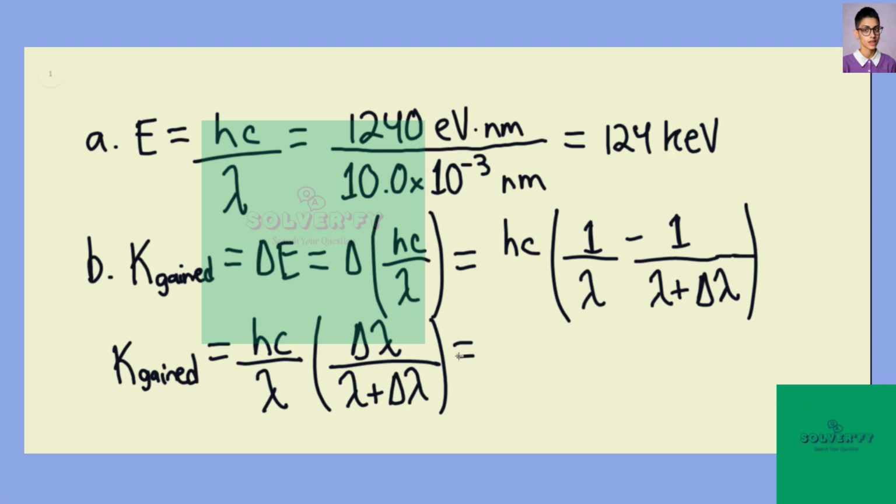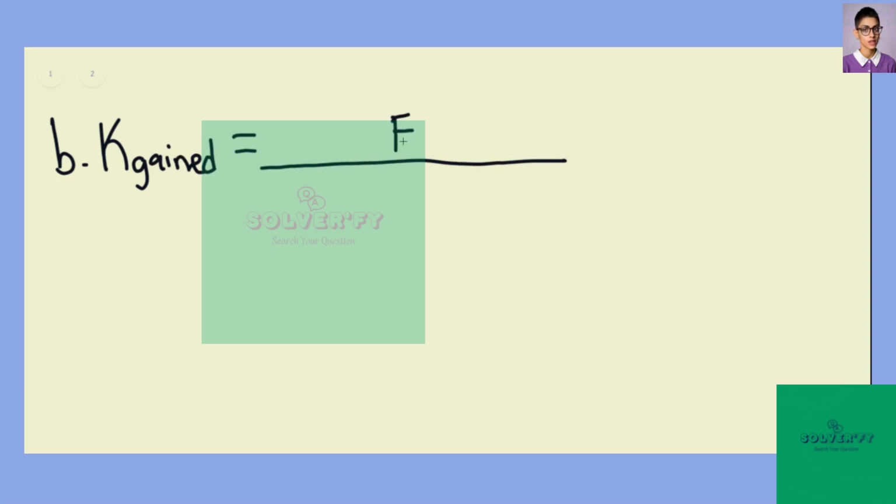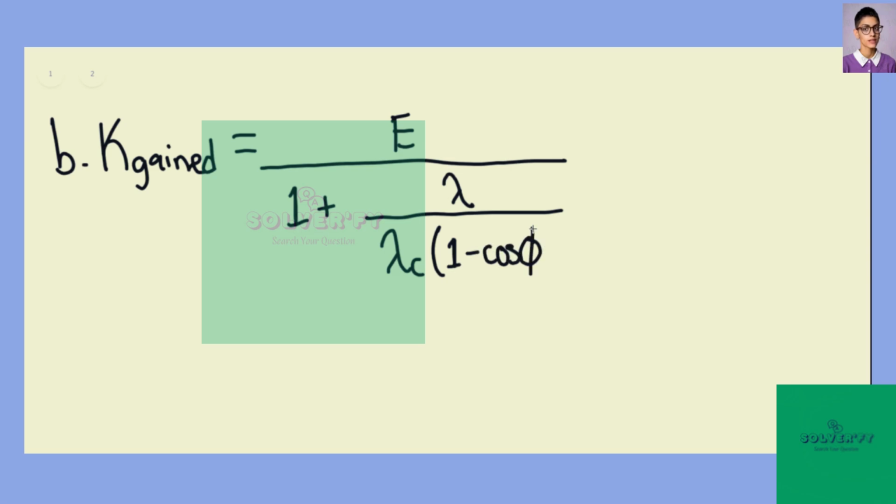And so this would be equal to the energy divided by 1 plus lambda divided by delta lambda. And we can then solve. So for part B, the kinetic energy gained would be equal to the energy divided by 1 plus lambda divided by the lambda of the Compton collision minus 1 over cosine of phi.